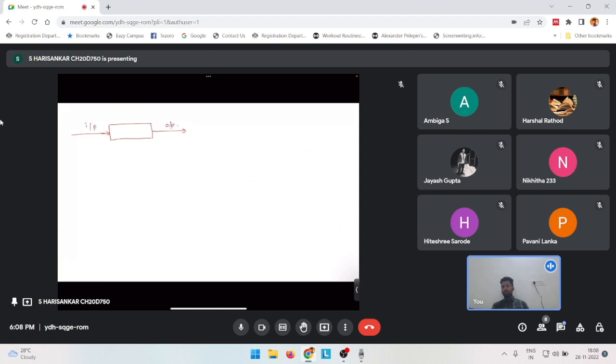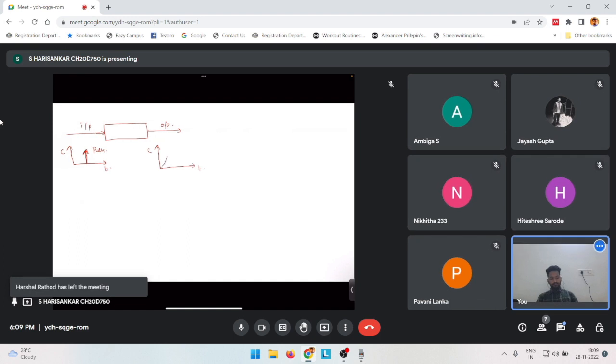To summarize last class, if we have a pulse input like this, and we plot the output as C versus t, we'll get something like this. And from this we got the residence time distribution.